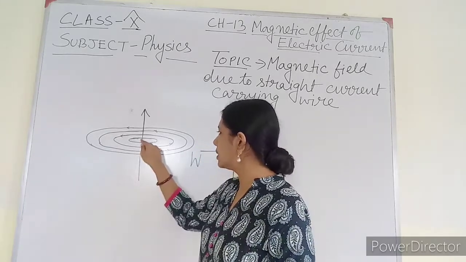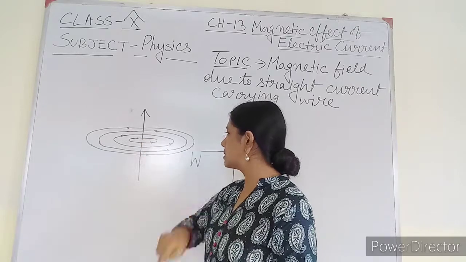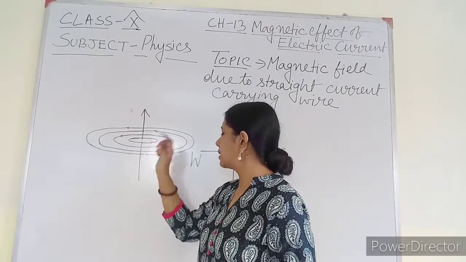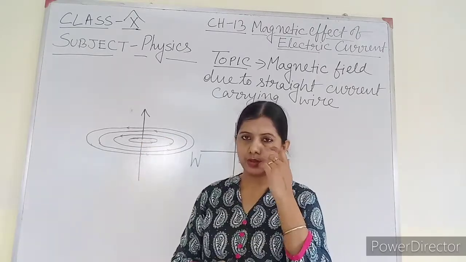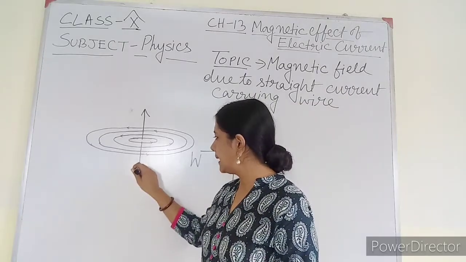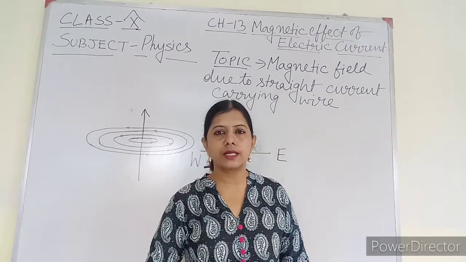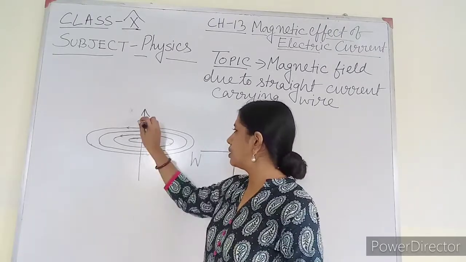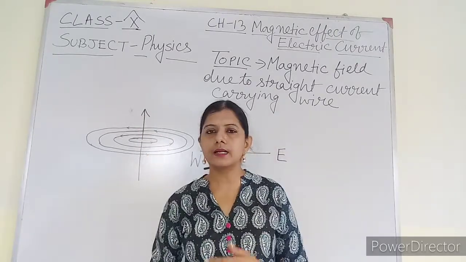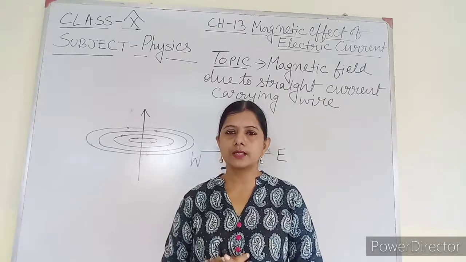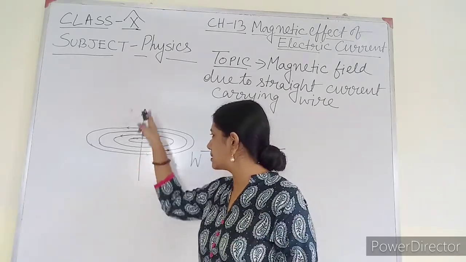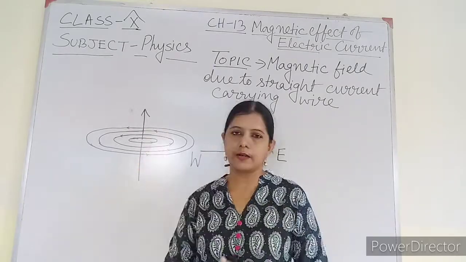Around a particular point, suppose this is the center, the concentric circles have been drawn. Similarly, if I take a point here, I will also get several concentric circles whose center is the wire itself.